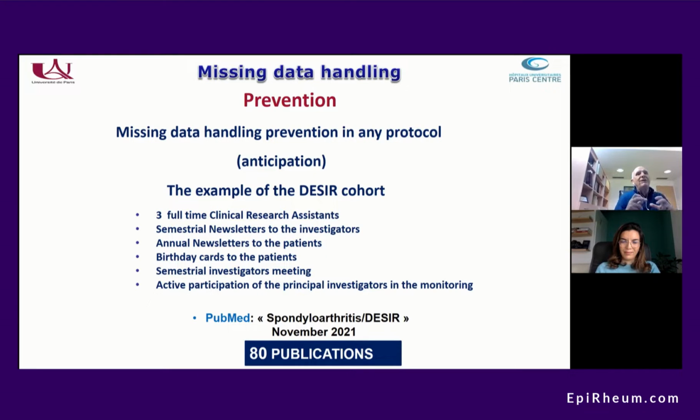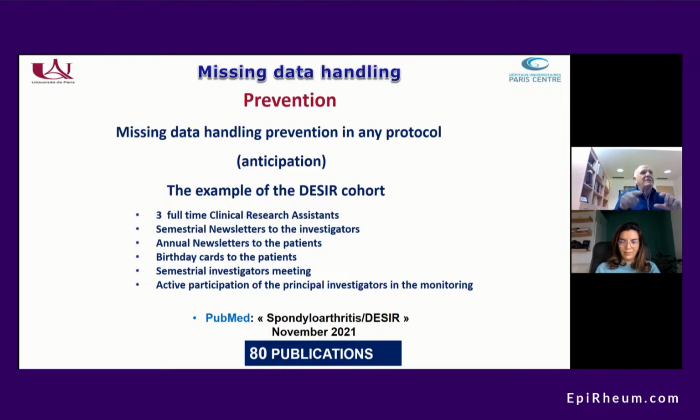So how to prevent missing data? Personally, based on my experience, a simple way to do is, first, you ask the person in charge of the writing of the protocol, in the statistical analysis section, to add a subsection entitled missing data handling.